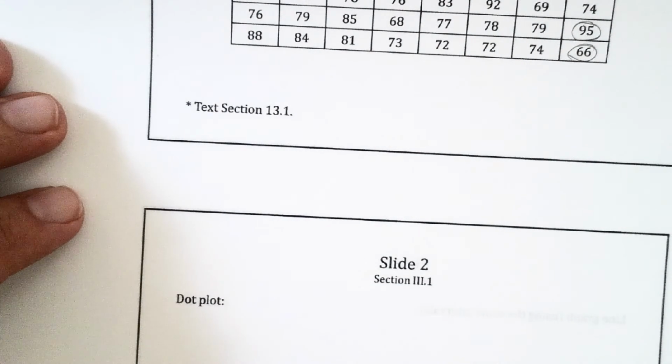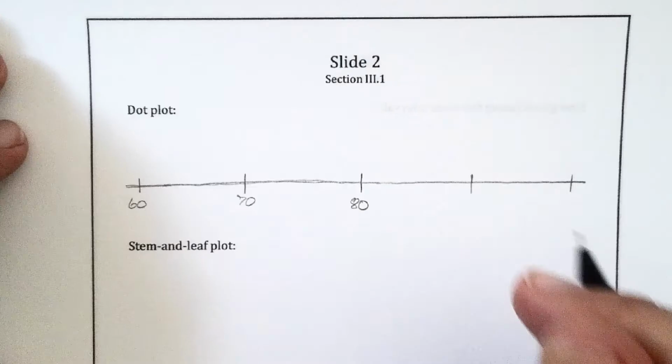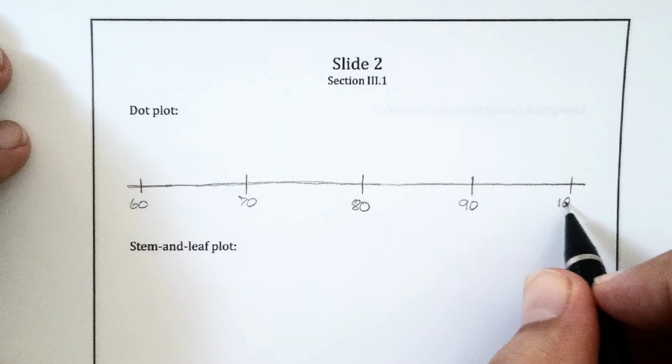So in my dot plot, I'm going to draw a number line. I'm going to mark out from 60 to 100. 60, 70, 80, oops, sorry, 90, 100.